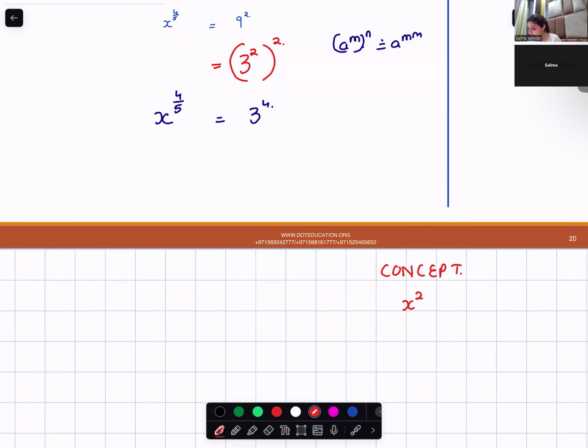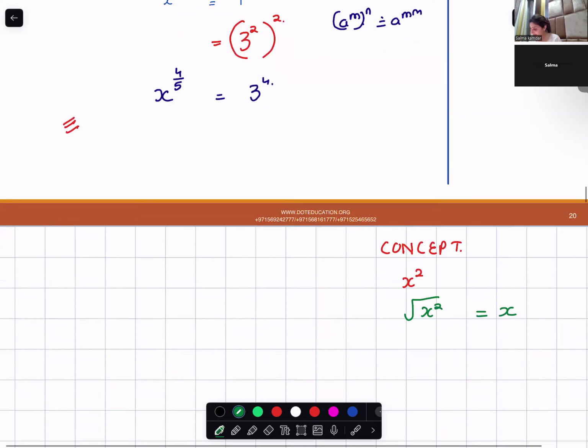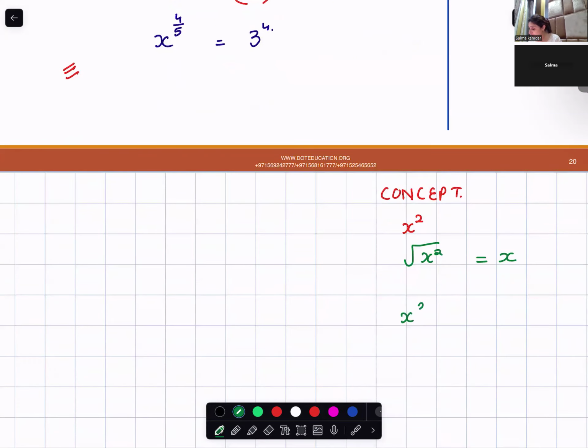If I have x square, now here you need to understand how will we do it. If I have x square, I say root of x square, it will give me x. If I have x cube, so cube root of x cube will give me x.